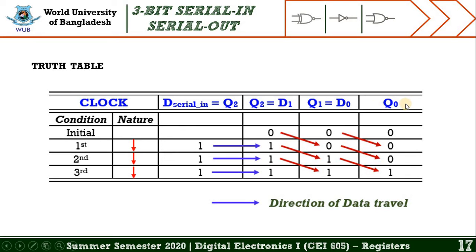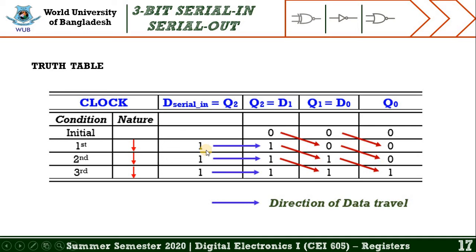Initial condition, as we already know, is that the value of Q2, the value of Q1 and the value of Q0 are equal to 0. But when the first clock edge is applied, the value of D serial in is assigned, which is shifted to the right serially. That's why we find the value of Q2 is equal to 1.